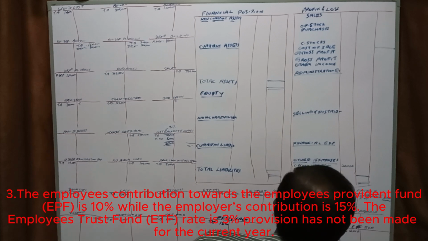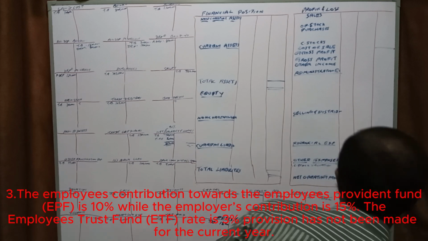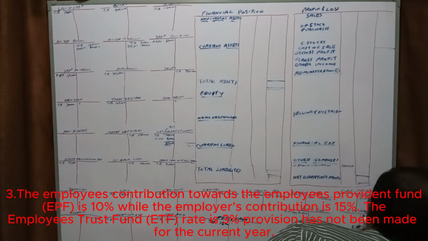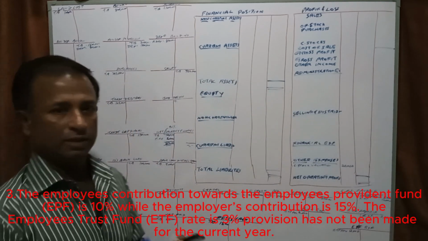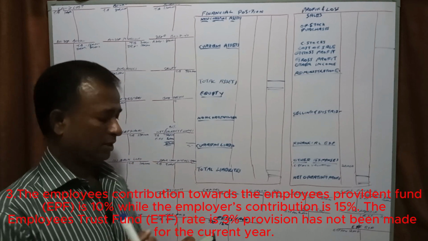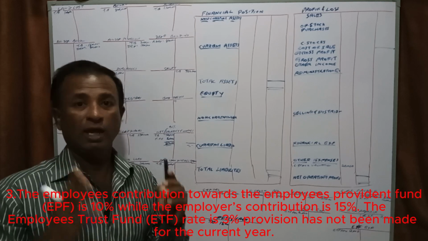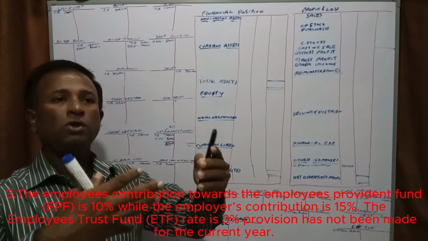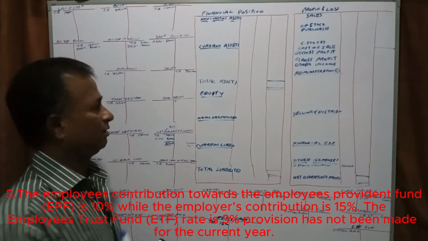ETF payable account credited 2,400. It is payable to the ETF department. ETF is normally not deducted from the employee. The employer contributes 3% of the gross salary to the ETF department.